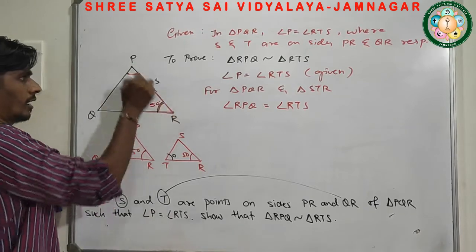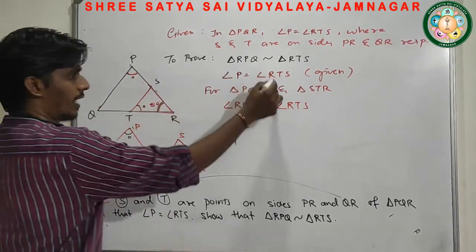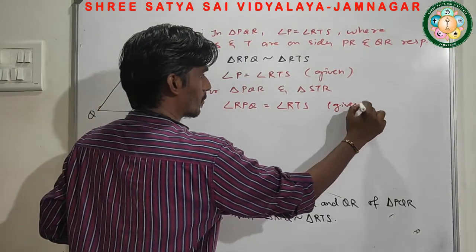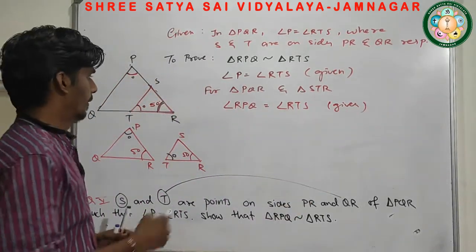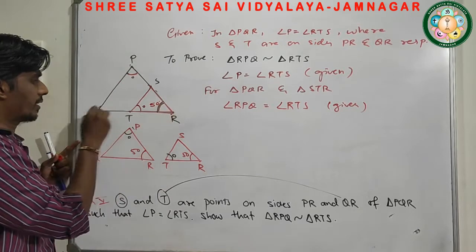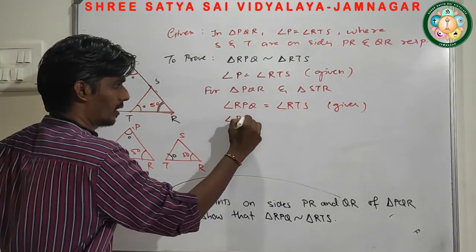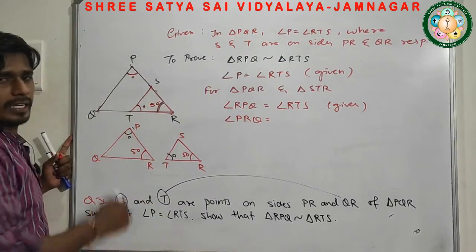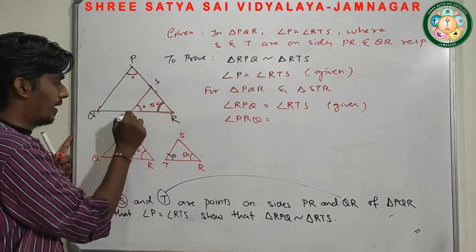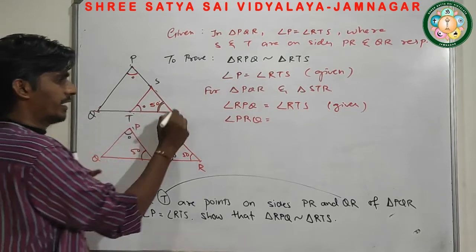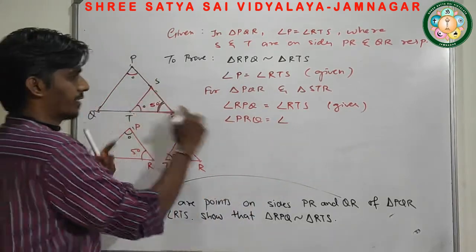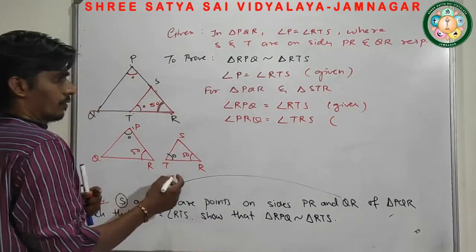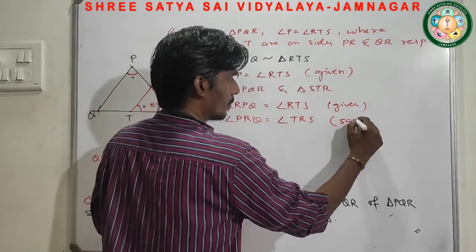Angle P is same as RPQ, and angle RTS. So this is what I have written again from given. Now one more angle. Angle PRQ of bigger triangle is equal to what? SRT of smaller triangle, or TRS. Reason, same angle.